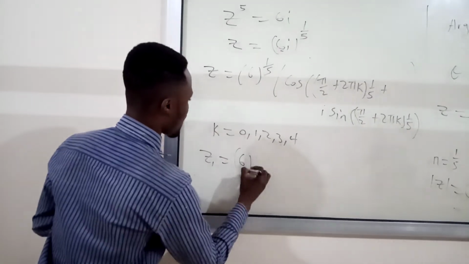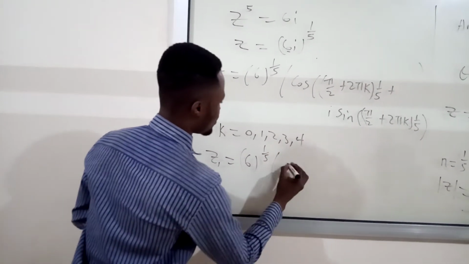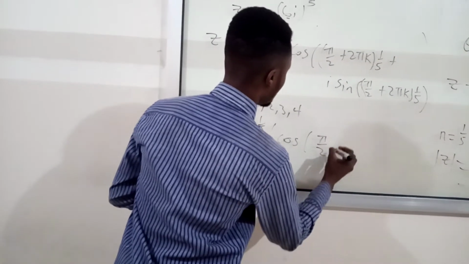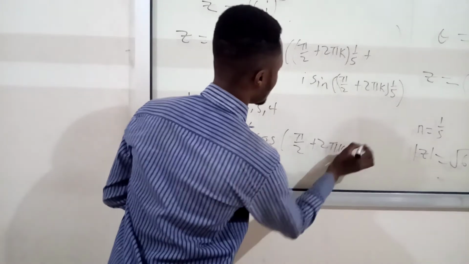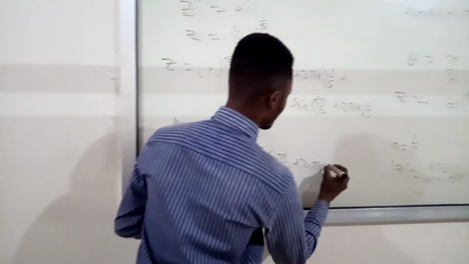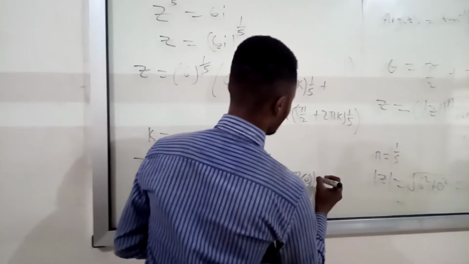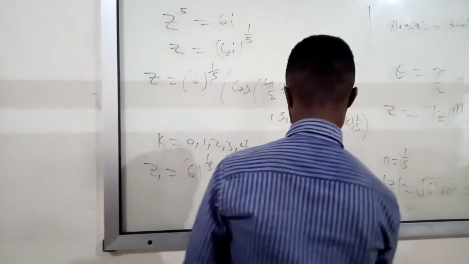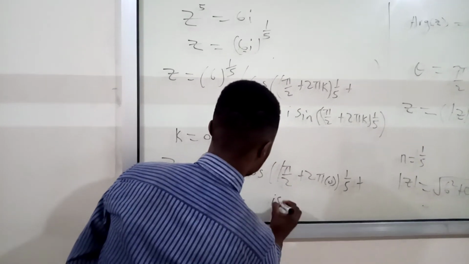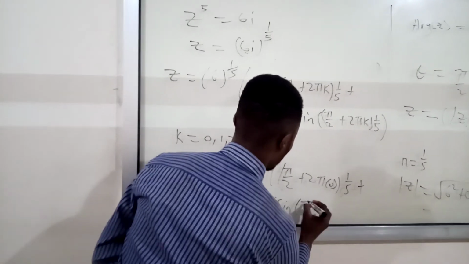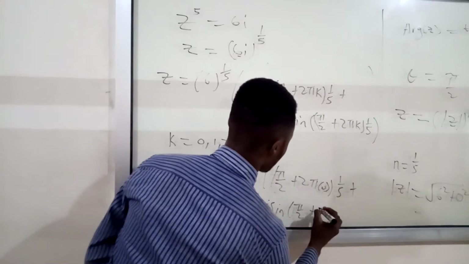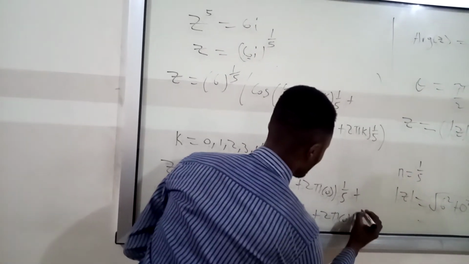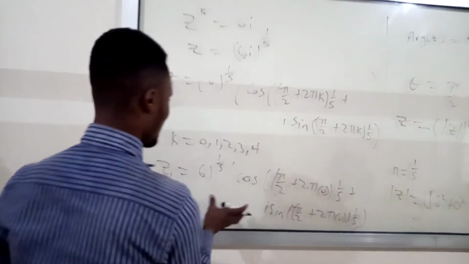So we get 6 raised to the power 1 over 5, cos of pi on 2 plus 2 pi times 0, times 1 over 5, plus i sin of pi on 2 plus 2 pi k, where 2 pi k is 0, times n, which is 1 over 5. That is the first part.